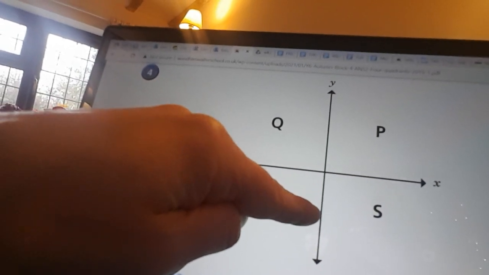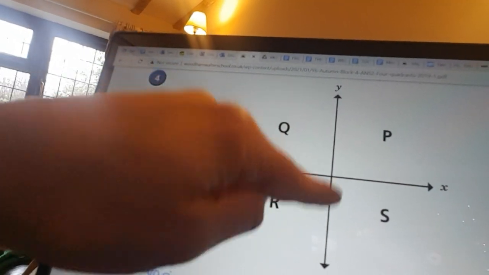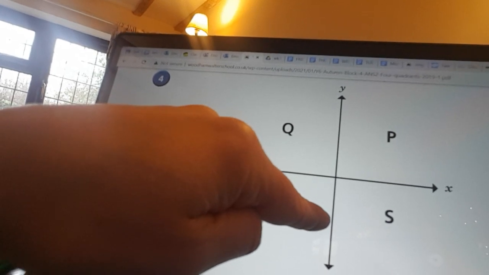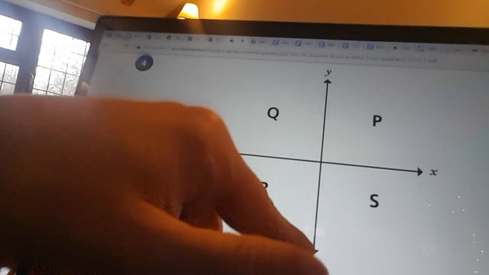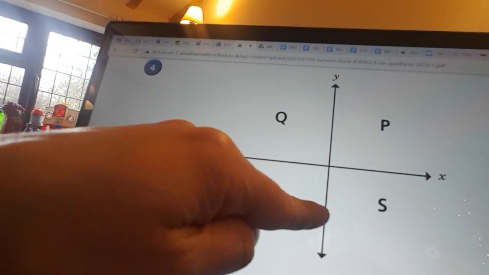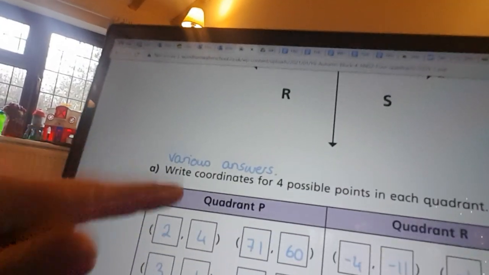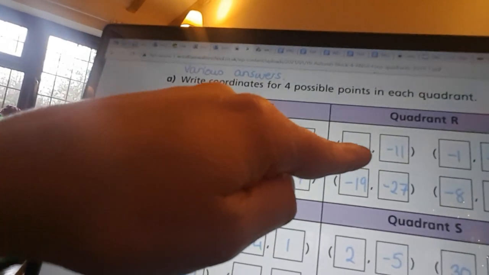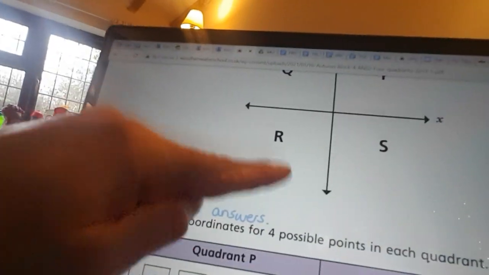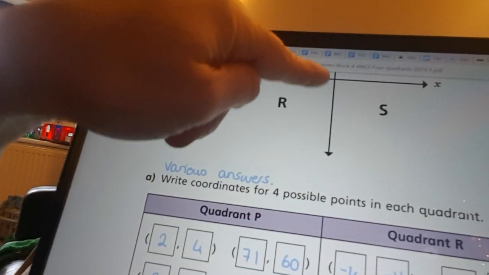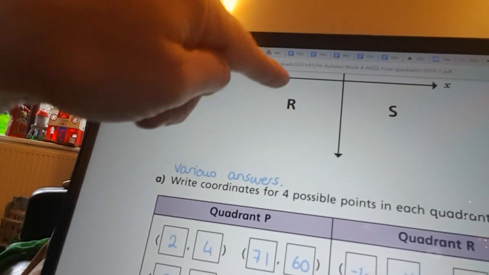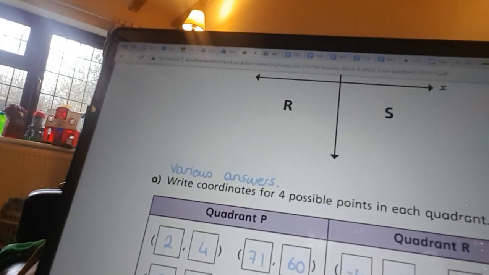It's going to be a negative because it's in this section here. Could be -5, could be -25, it could be whatever number this axis is starting from. Let's have a look. There we go. It's going to be negative. So -4, and this person's put -11. It's in this section, so these are all minus numbers.